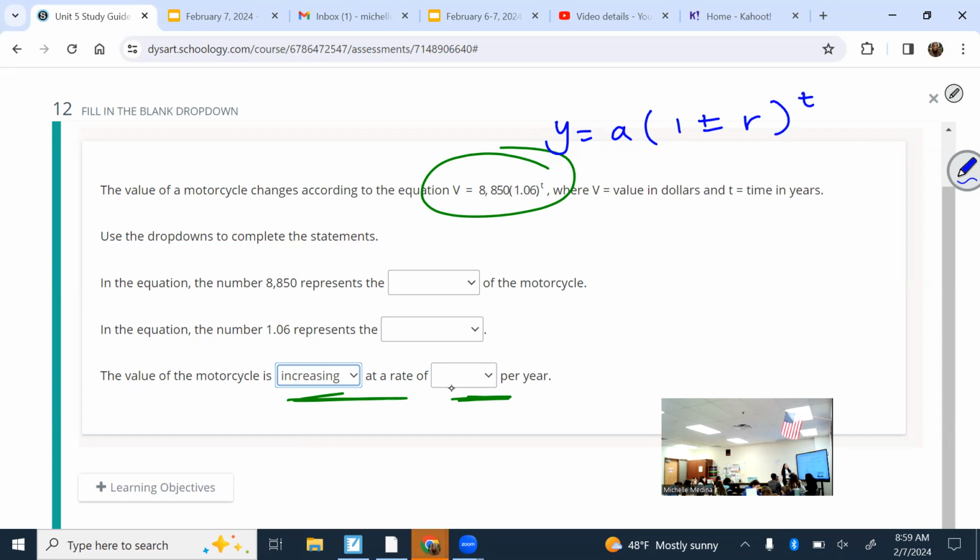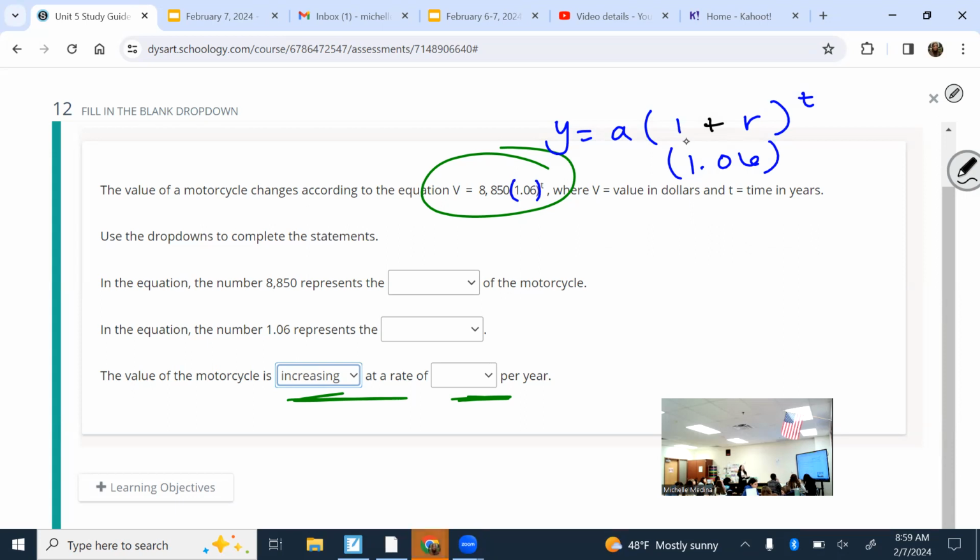Remember that we also have this variation of our exponential functions that can help us figure out what that percent change is. So if my middle part of this in the parentheses became 1.06, and we know it's growing, so it's increasing, we had to have added something to the 1. What would I need to add to 1 to get 1.06?